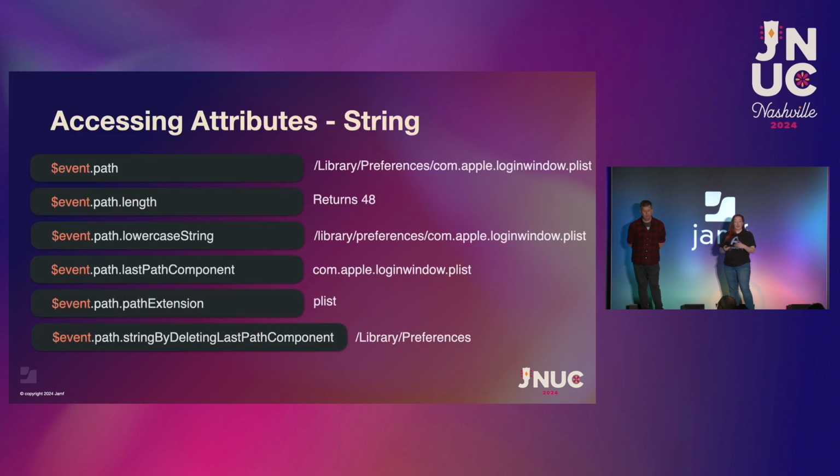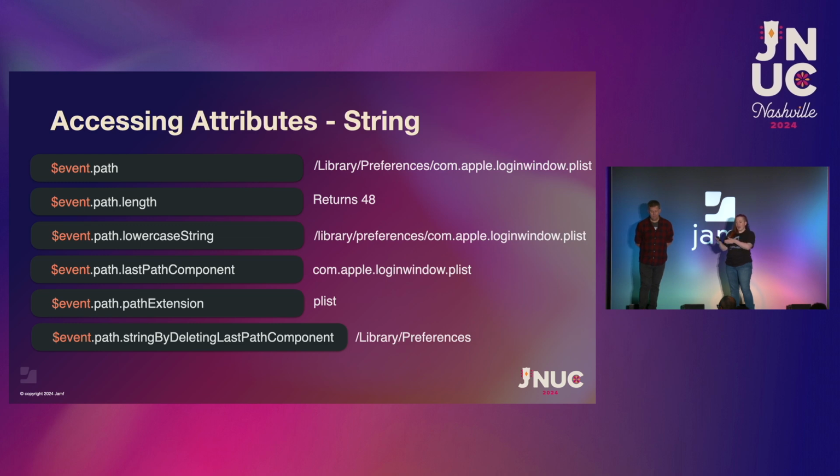Next, we're going to take a look at the string that we mentioned. Taking a look at string here, event path is going to give me the full path for whatever is contained in there. For path length, we're looking at that path that we had before. That's 48 characters. Here, we're going to switch that with lowercase, taking out all of those capitals and replacing them with lowercase letters.